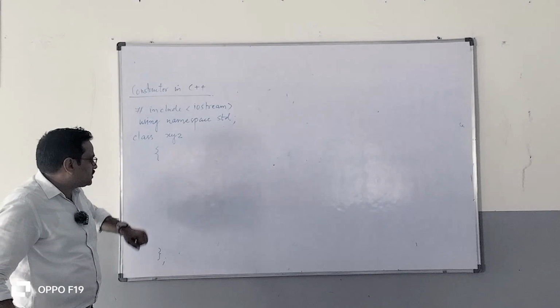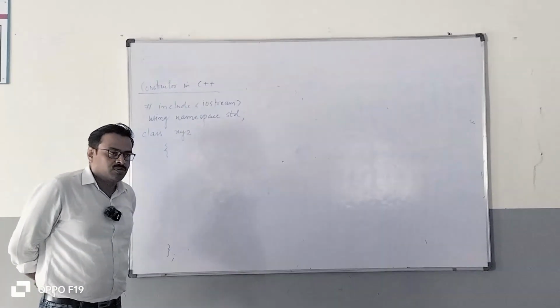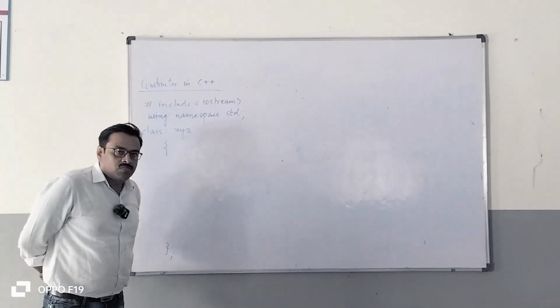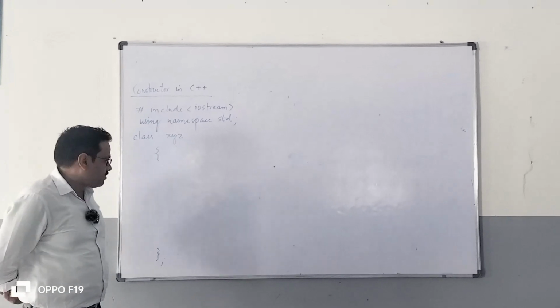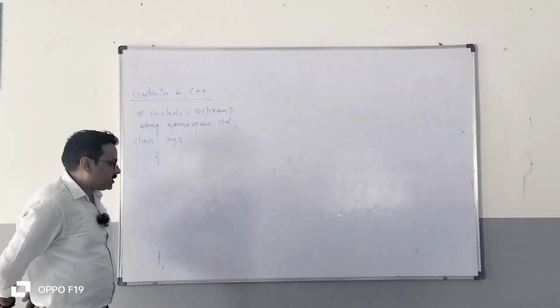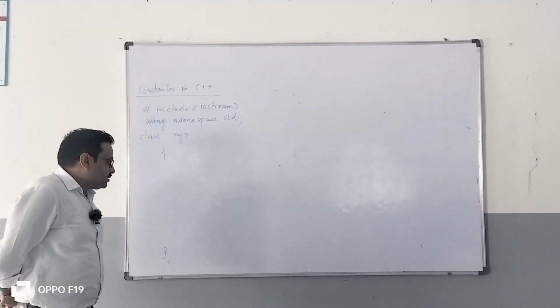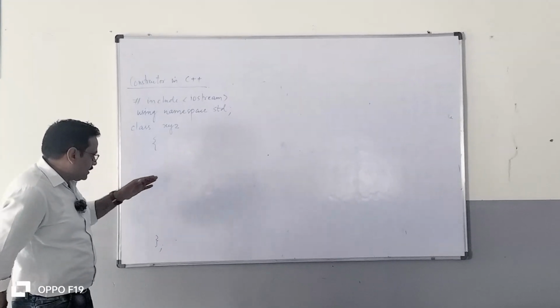So in C++ there are three categories of the data or member function. Some may be in private segment, some may be in protected segment, some may be in public segment. So three access specifiers are there. As per our need, we keep the data and the member function inside this area.